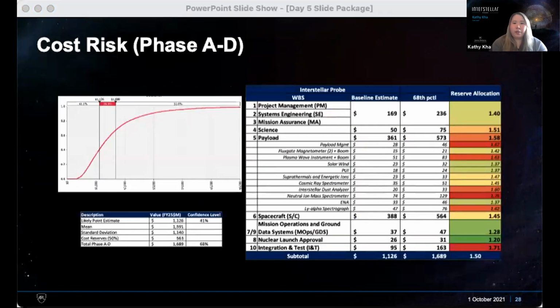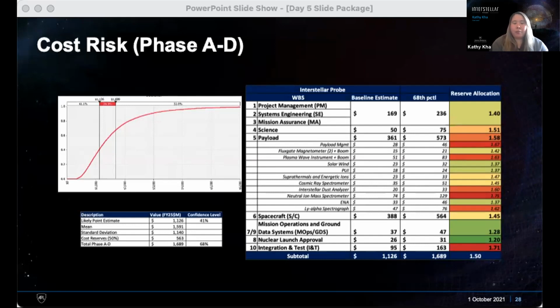Okay, so this is the cost risk analysis that was done for phases A to D. Cost risk for development is something that we're pretty familiar with in terms of how to handle it.